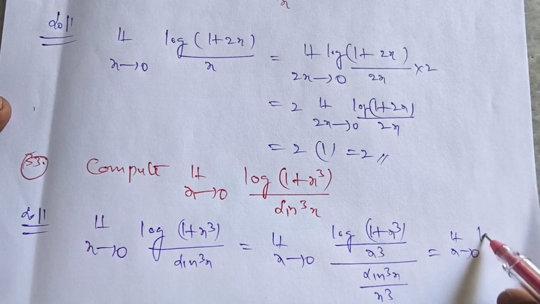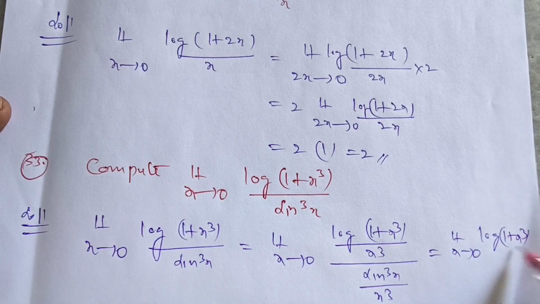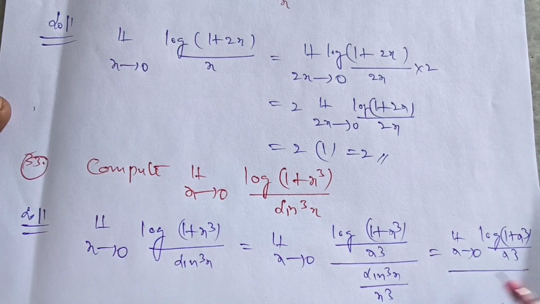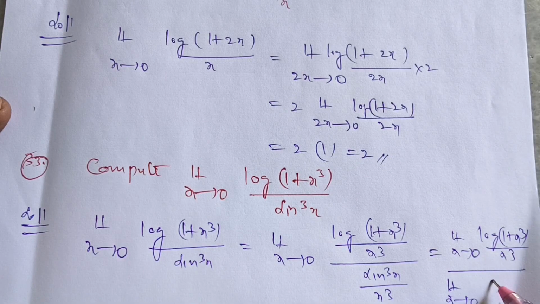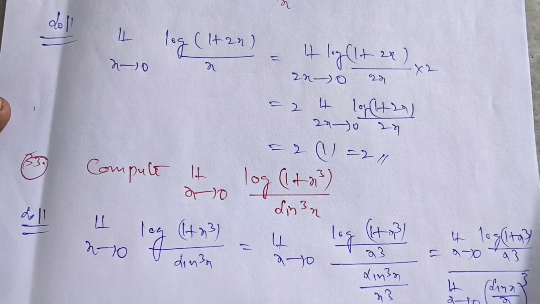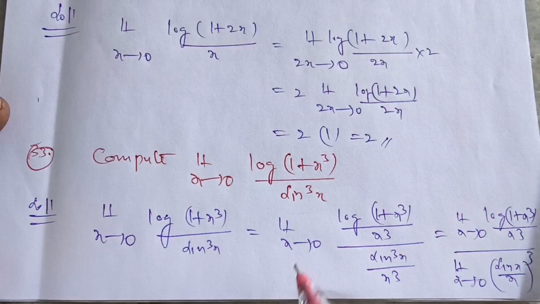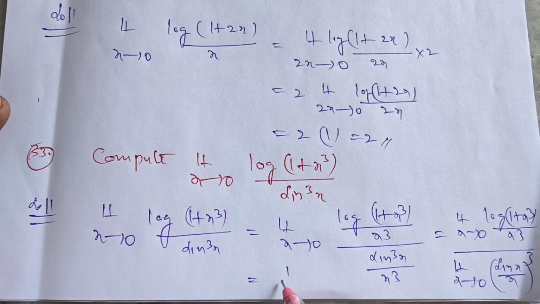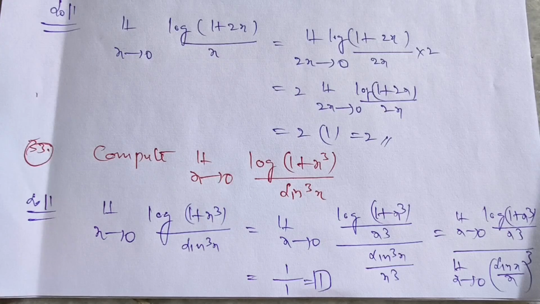Limit x tends to 0, log of (1 plus x cube) by x cube, over limit x tends to 0, sin cube x by x cube, which can be written as (sin x by x) whole cube. Now the numerator value is totally in the standard form, that is 1, and the denominator value is also in standard form.